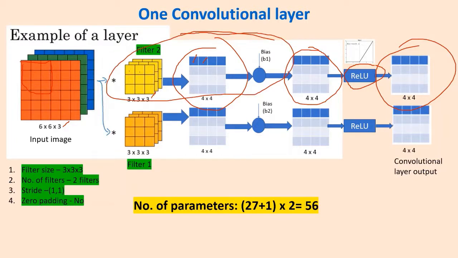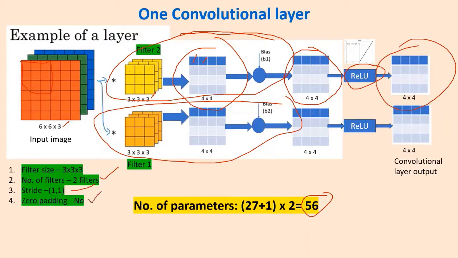And similarly, you have 2 different filters, so 28 into 2, that means 56 parameters have to be trained using the backpropagation algorithm. In this example, the number of filters is 2 and the stride is 1, 1. If the stride is 2, then the dimension of the output matrix will reduce, and no zero padding is done, so the output matrix will have a smaller dimension when compared to this.